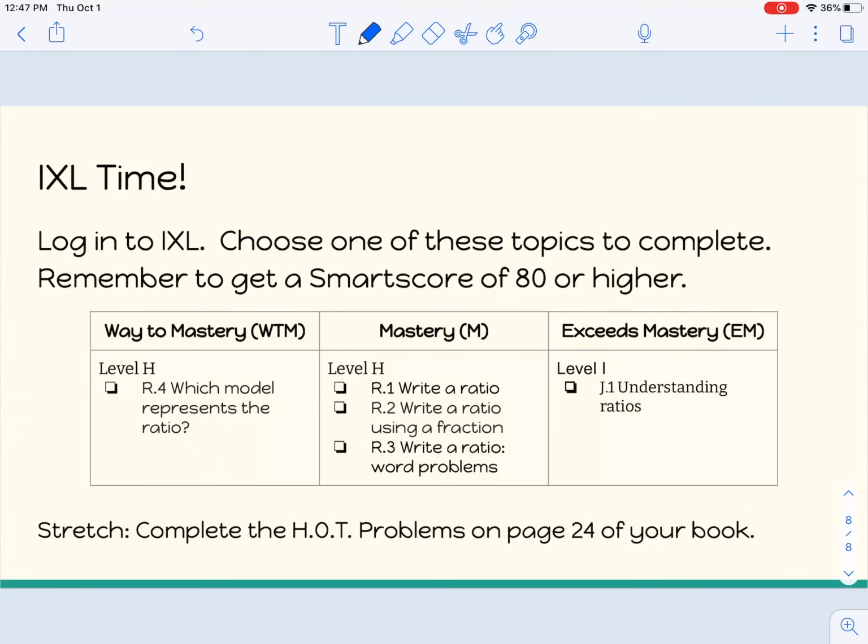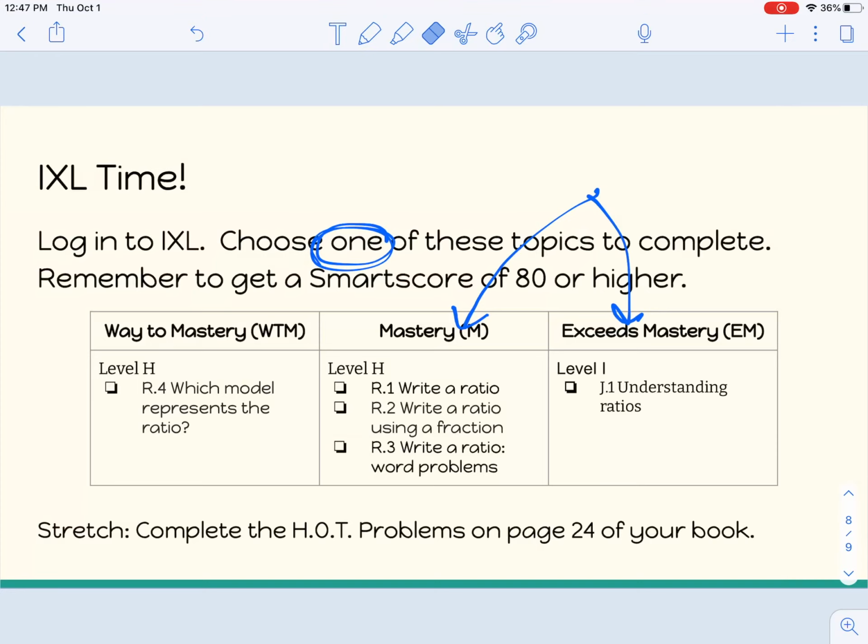For your homework, you have some IXL to work on. I just want to go over this a little bit. If you think you're understanding this, you should be going into the mastery column or the exceeding mastery column. You get to choose one topic to complete.